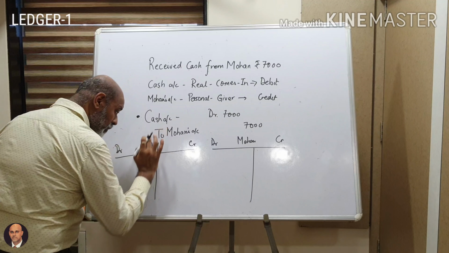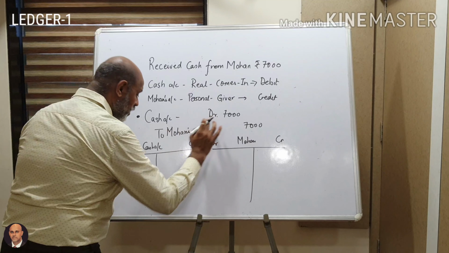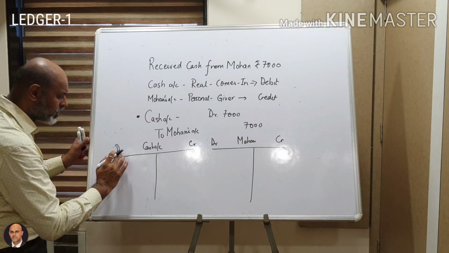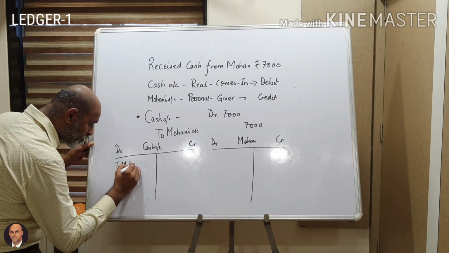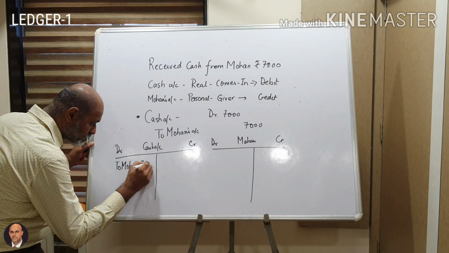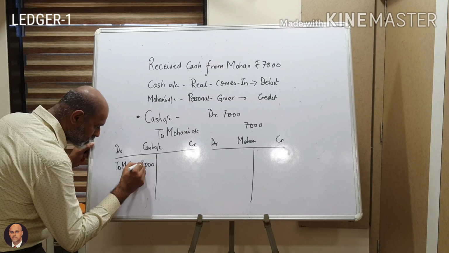Go to the debit side of cash account and there you write to Mohan. Okay, to Mohan 7,000. Since you have written to Mohan, go to Mohan's account and go on the opposite side of Mohan's account and write down by cash 7,000.